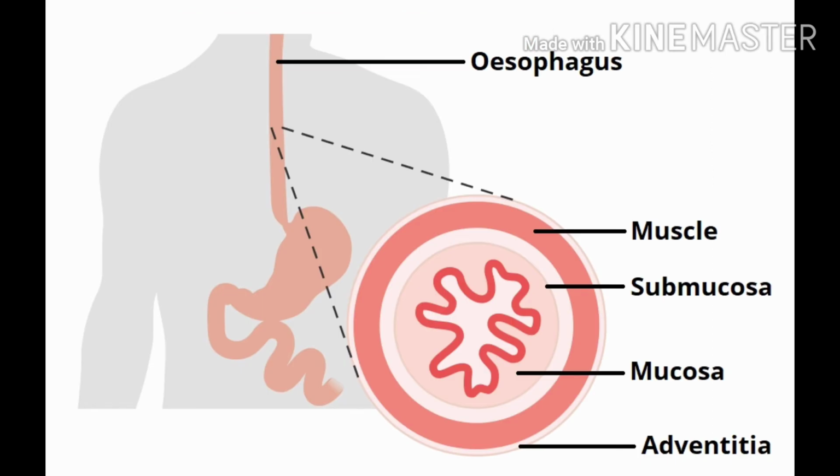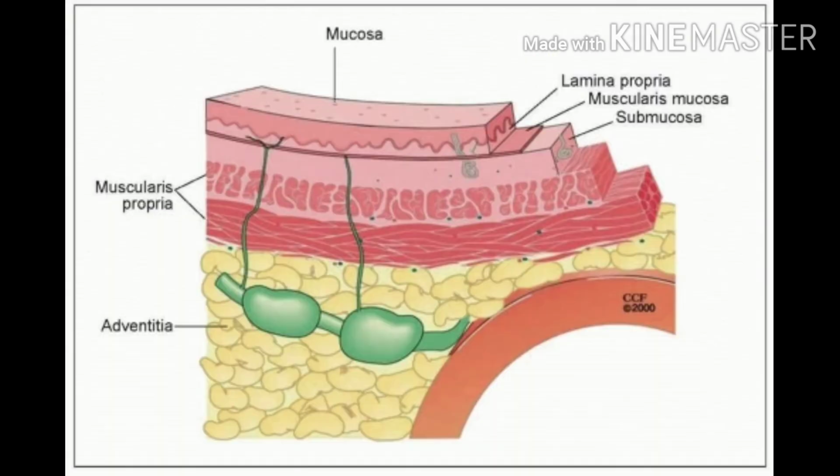Microscopic structure of esophagus. Histologically, the esophageal tube is made up of 4 layers. From within outwards, these are mucosa, submucosa, muscular layer and fibrous membrane. The mucosa is composed of 3 components: epithelium, lamina propria and muscularis mucosa.